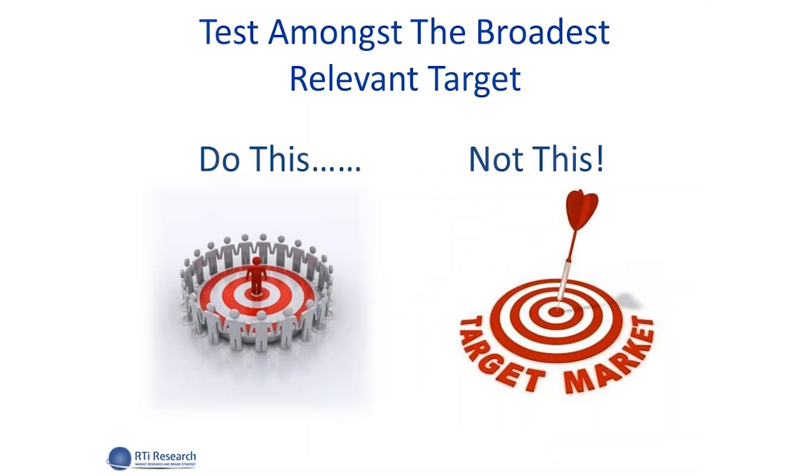And the place we want to start is talking about who we should test amongst. So on the left-hand side, you see that in typical research and traditional research endeavors, we're often focused on gathering information about our target market, right? So it's either our brand users or some demographic or psychographic segment of the marketplace, or people who we're trying to reach, maybe our target audience who's not necessarily currently a user.